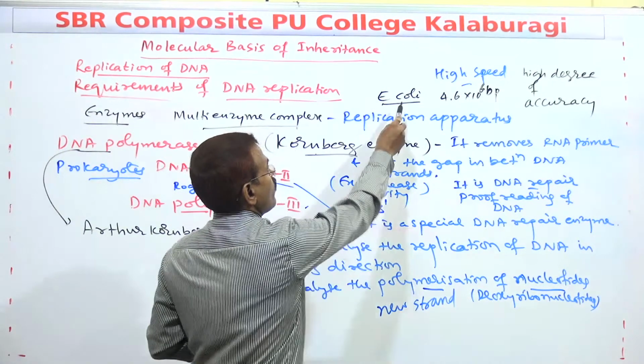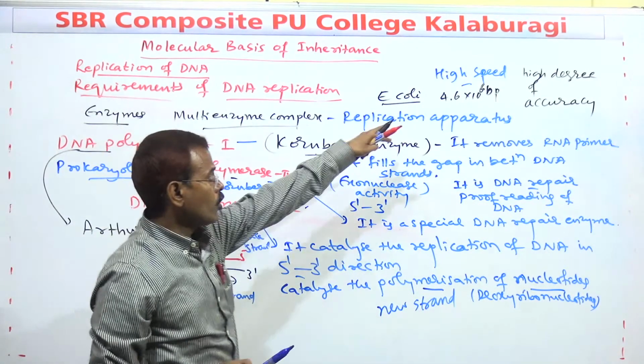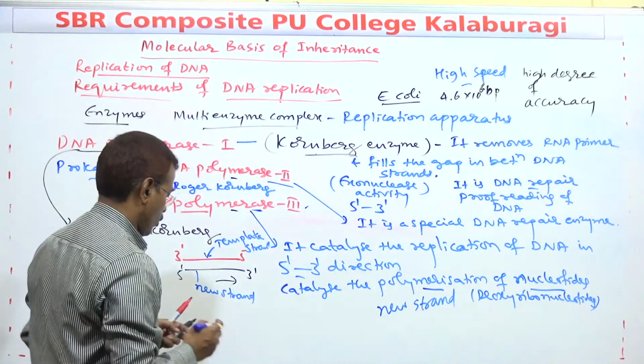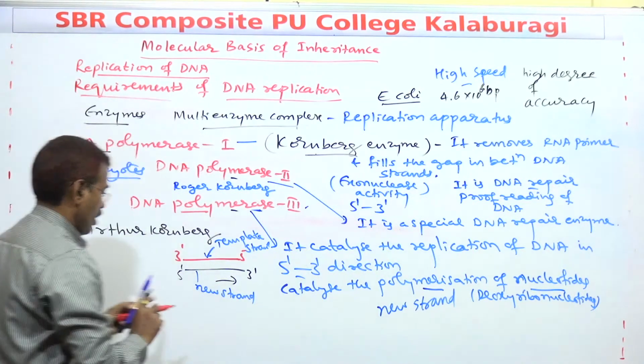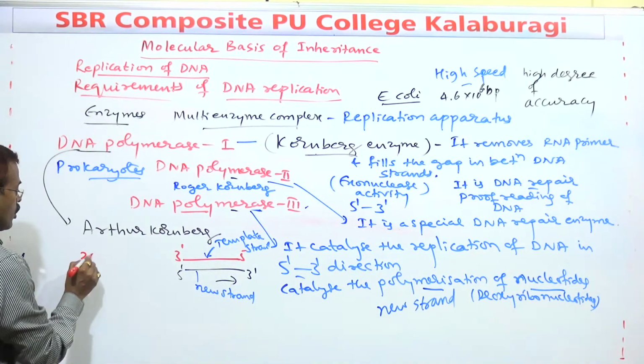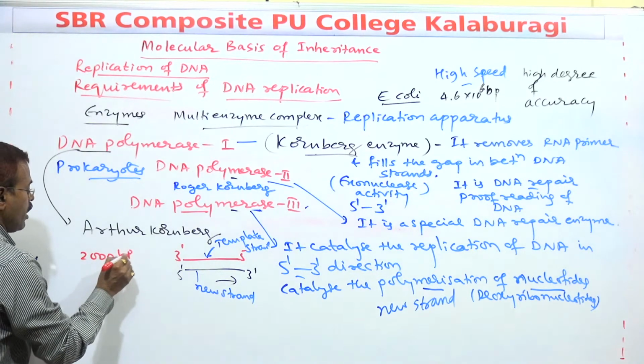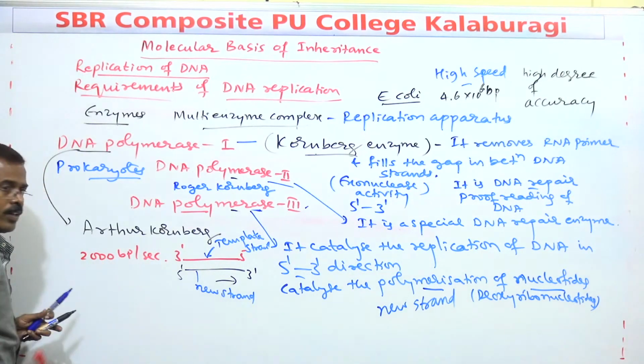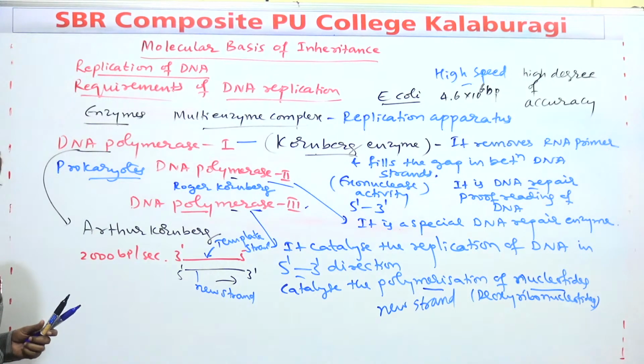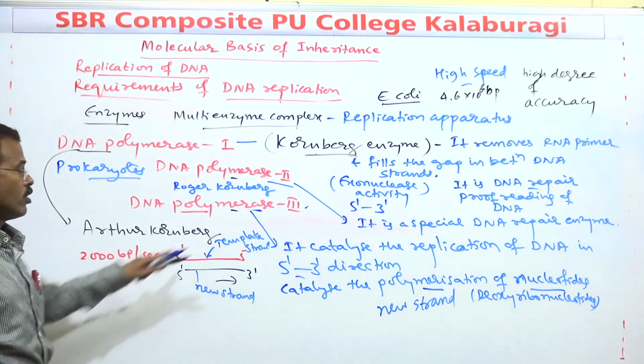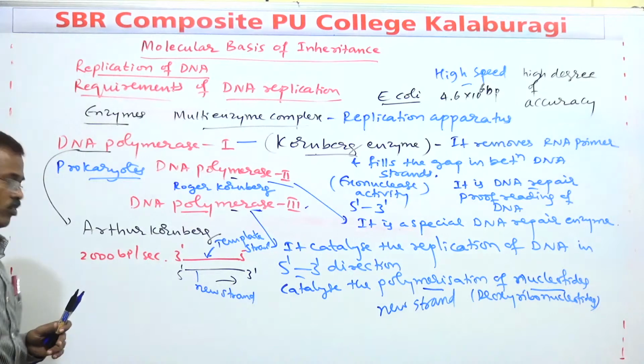In case of E. coli, to add these many base pairs, it takes around 2000 base pairs per second. This is the speed of addition of deoxyribonucleotides by DNA polymerase 3.